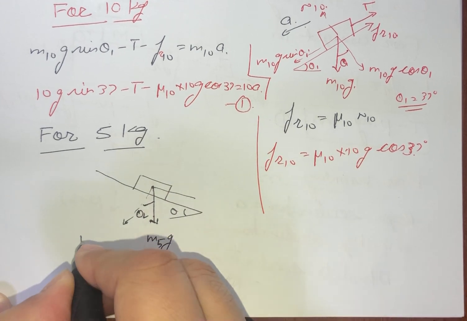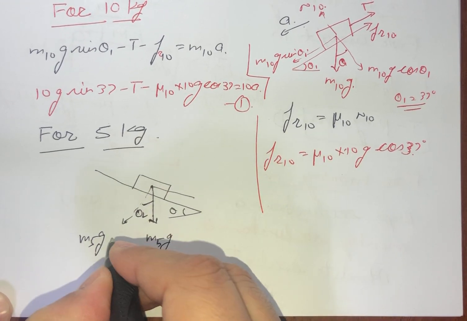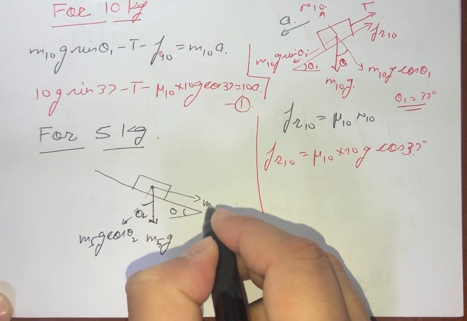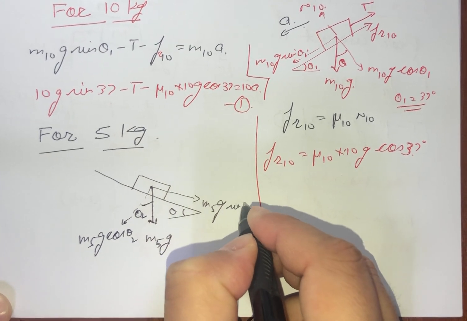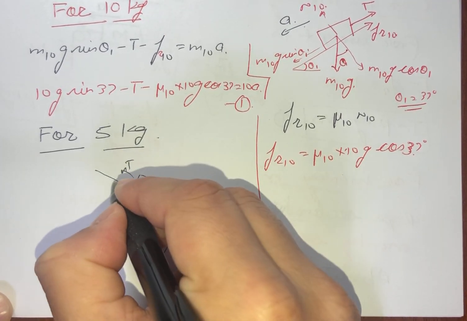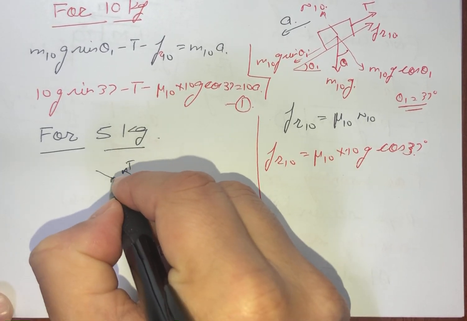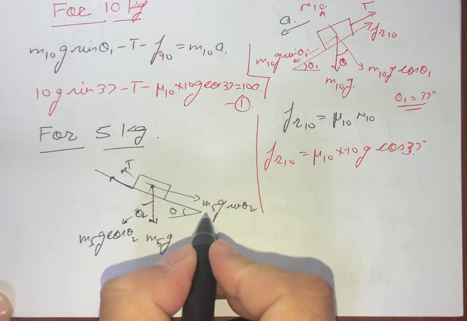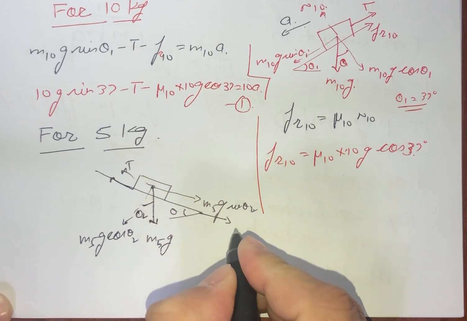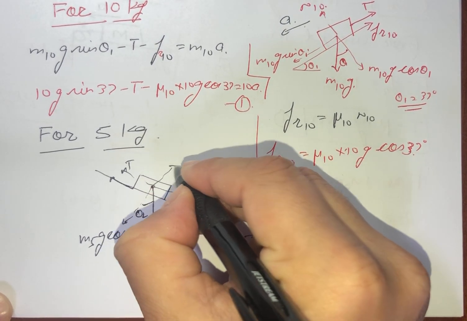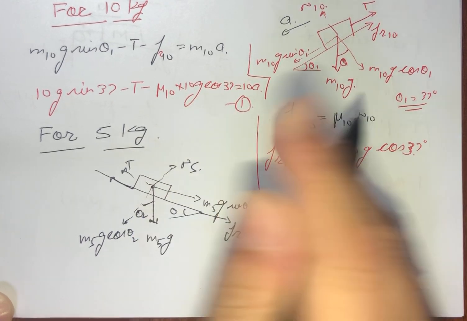So this will be m5g cos of theta 2, and this will be m5g sine of theta 2, with tension T. The block will be moving up, so the frictional force will be acting in the downward direction. Let us call that Fr5, and the normal N5.